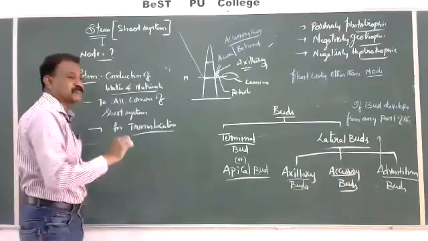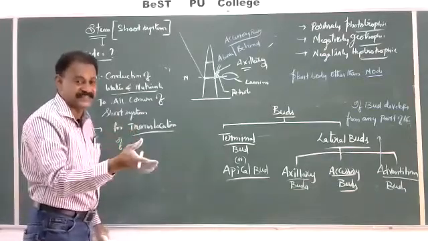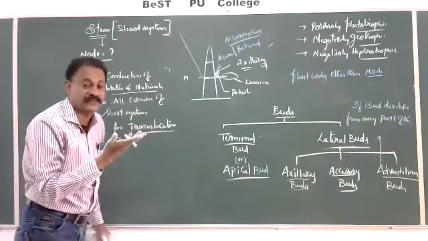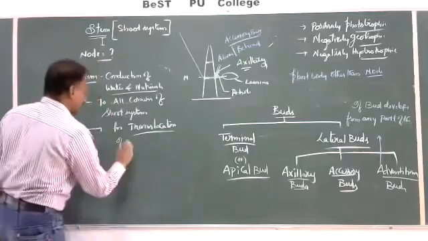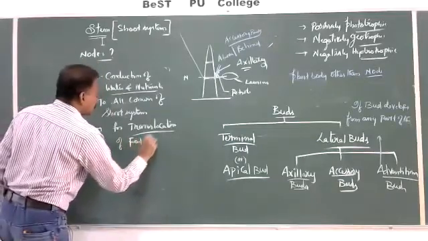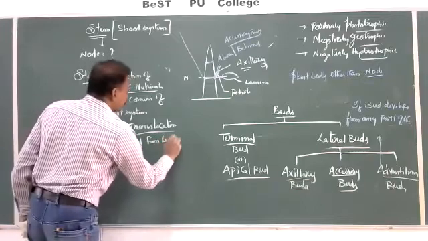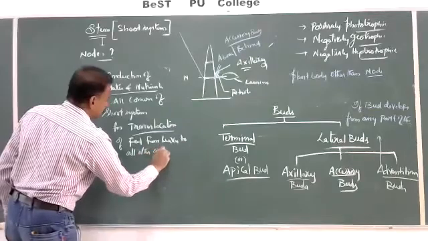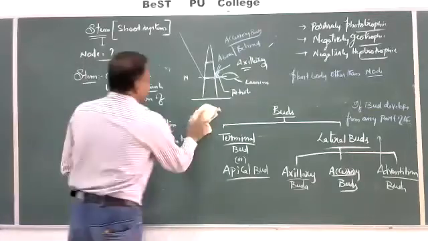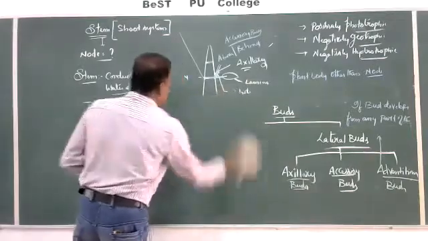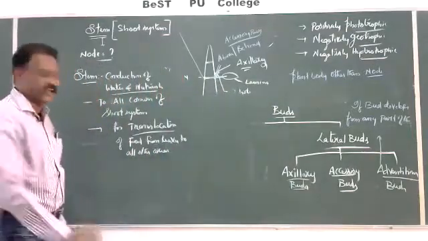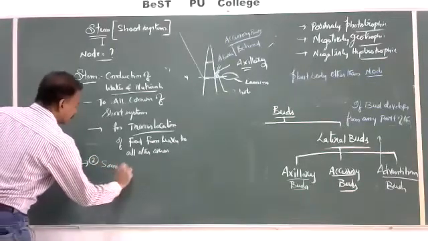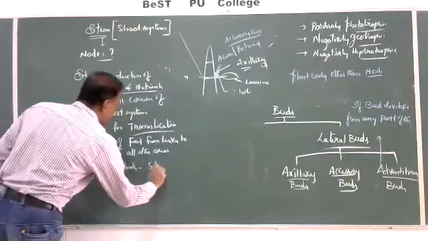Food means here, in the textbook, photosynthate, whatever product is formed after photosynthesis. Next, some stems perform storage of food. Some plants have storage.